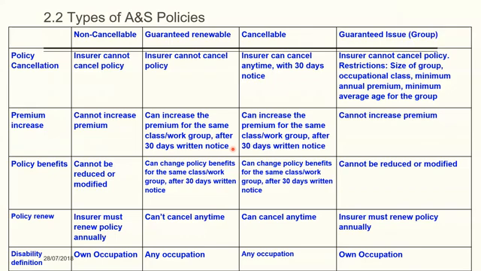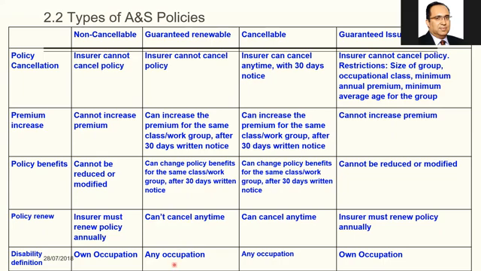They cannot increase it for one person. They can also change the benefits, again for the same class or group after 30 days notice. But still, they cannot cancel the policy at any time. That is why it is called guaranteed renewable.